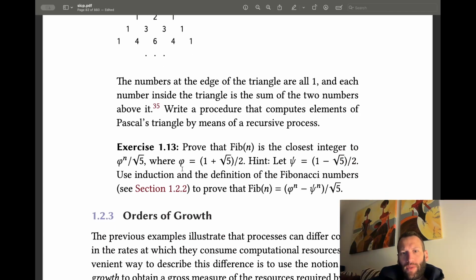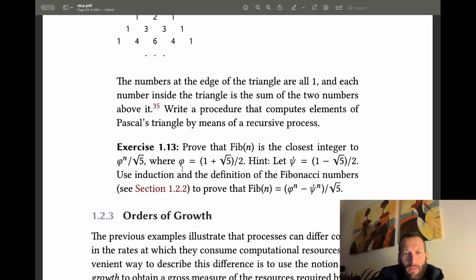And prove that Fib(n) is the closest integer to phi to the power of n divided by square root of 5. Hint: use induction and the definition of the Fibonacci numbers to prove it.